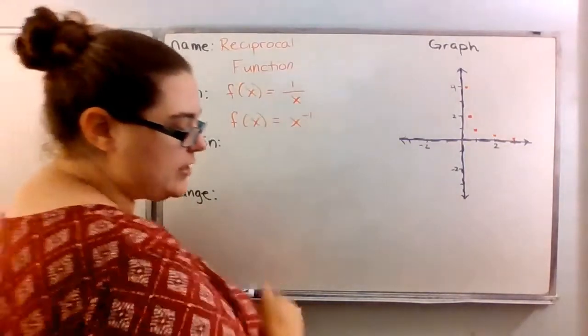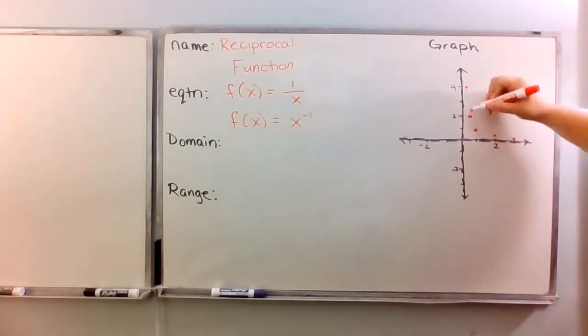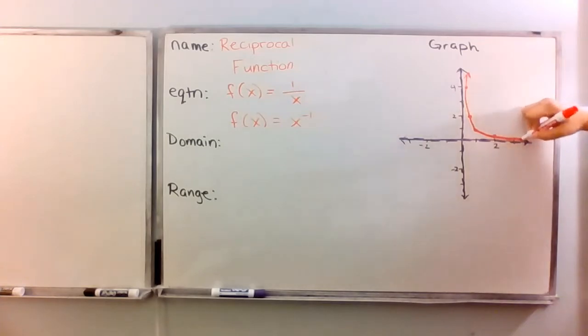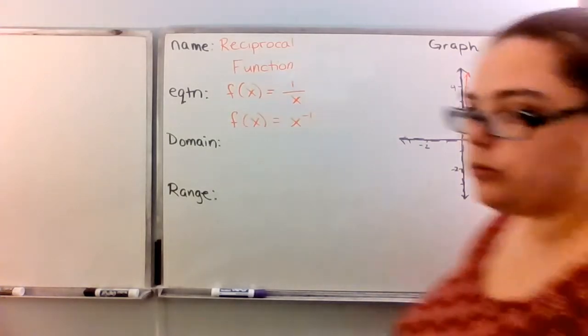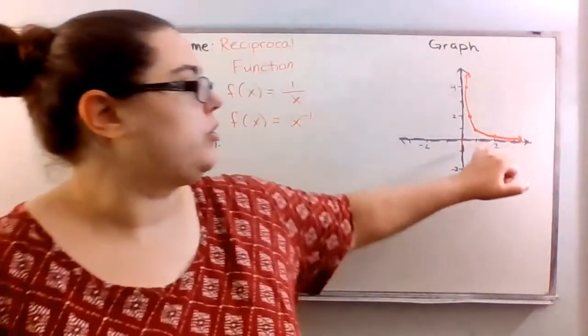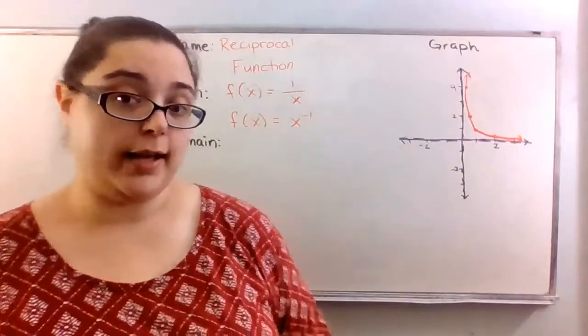And if I connect these points, kind of have this turning happening at 1. When we get closer to each of the axes as we move to the right or as we get closer to 0. Now, a similar thing is going to happen with the negatives.